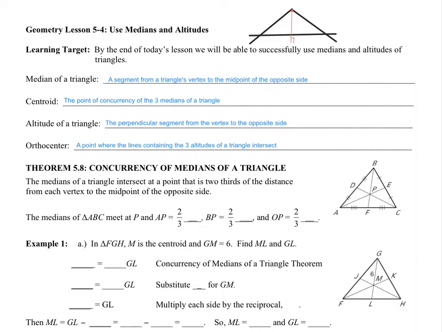So if we have the other 2 drawn in, this is just a rough sketch. Pretend this is an acute triangle. This intersection will be called the orthocenter, a point where the lines containing the 3 altitudes of a triangle intersect.